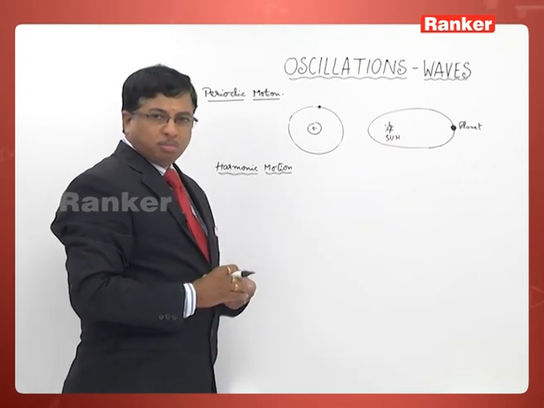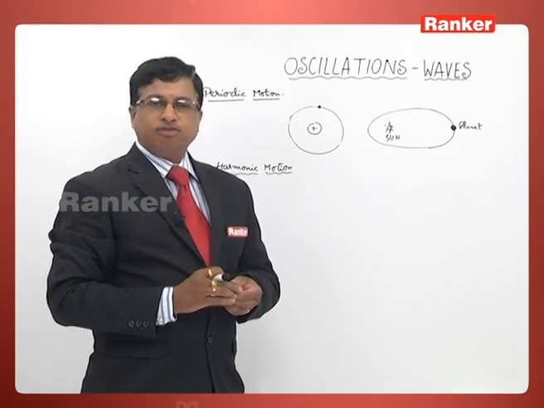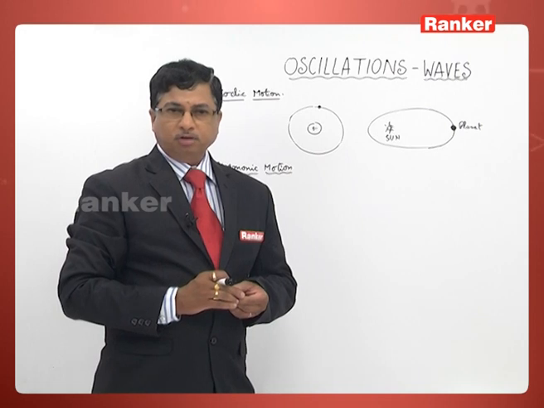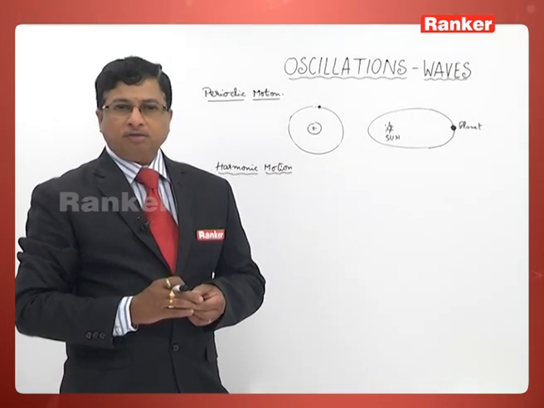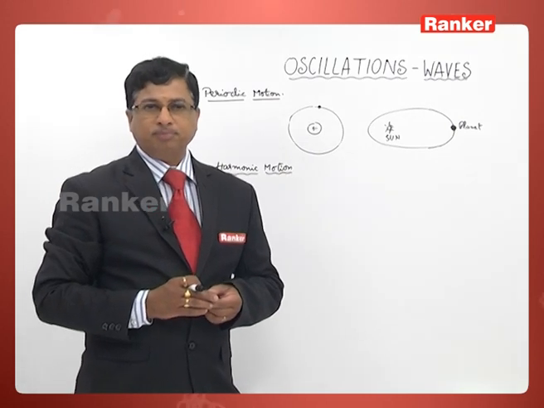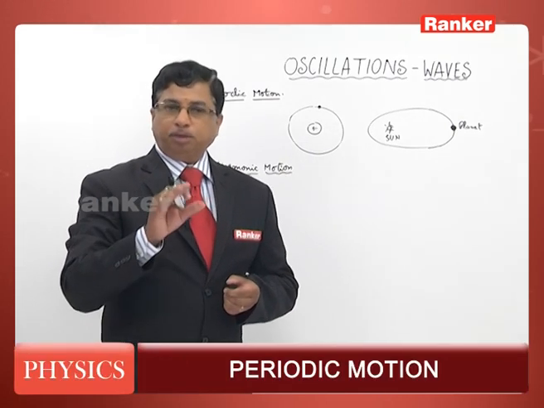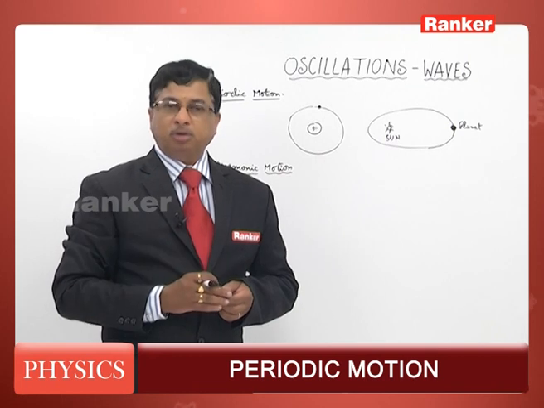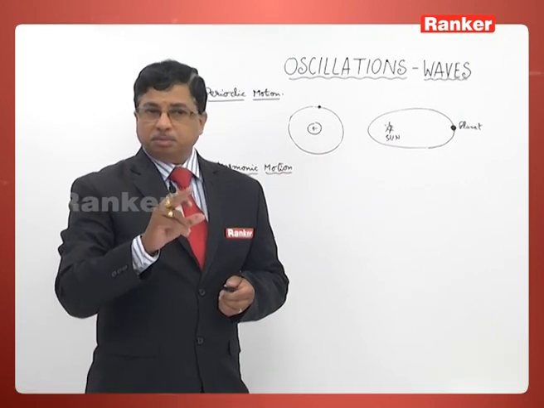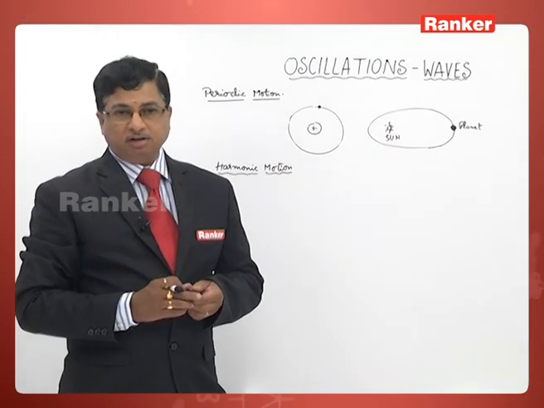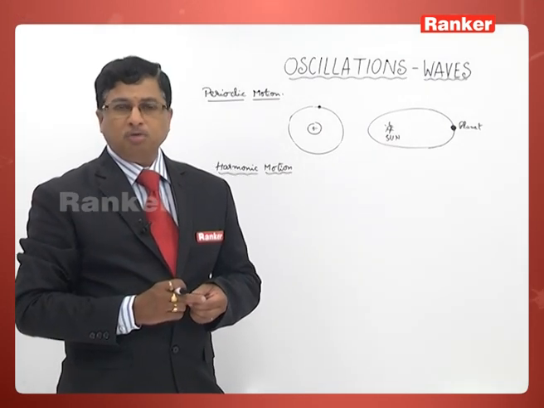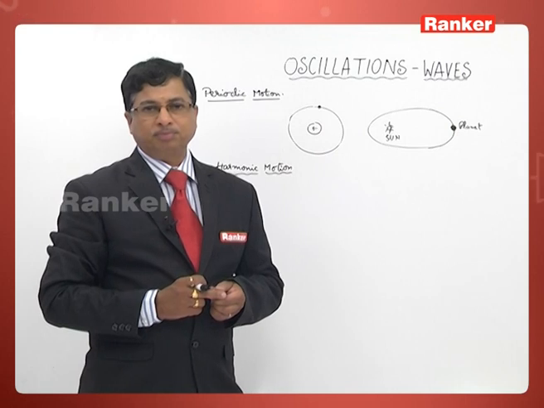In fact, in mathematics, sine function and cos function, which are basic trigonometrical functions, we call them as harmonic functions. If we represent the motion of a body either in terms of a sine function or in terms of cos function, then we can call the motion as harmonic motion.